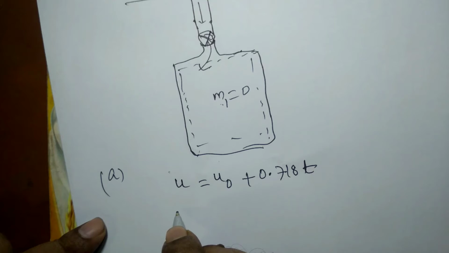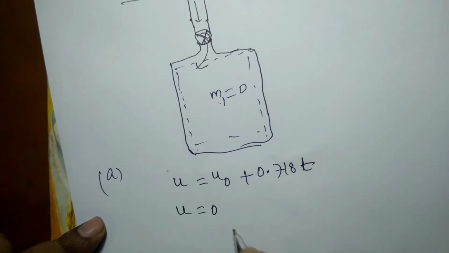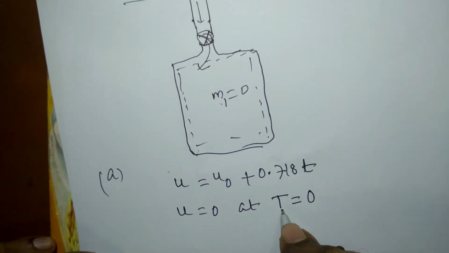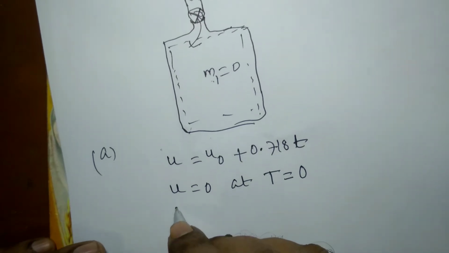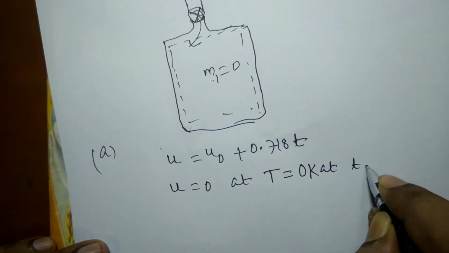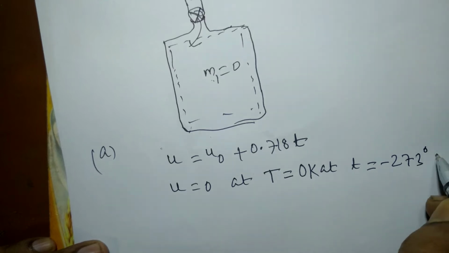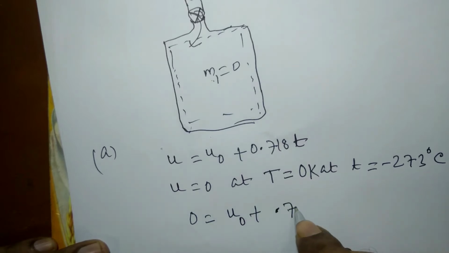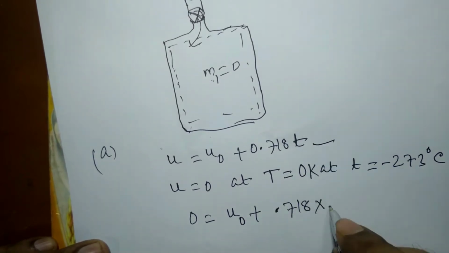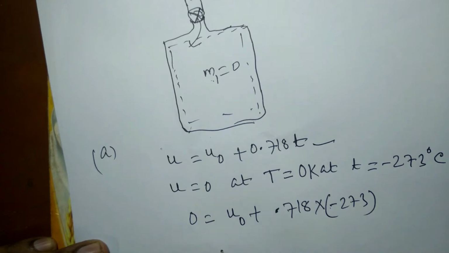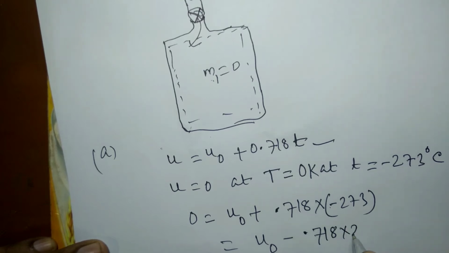And we know that U is equal to 0 for air at, we can assume it, absolute temperature 0 Kelvin, internal energy suppose 0. That means at small t is equal to 0 Kelvin, that is, small t is equal to -273 degree Celsius. That means 0 is equal to U0 plus 0.718. In this equation, if we put, in place of t we will write -273, from which this is equal to U0 minus 0.718 into 273.